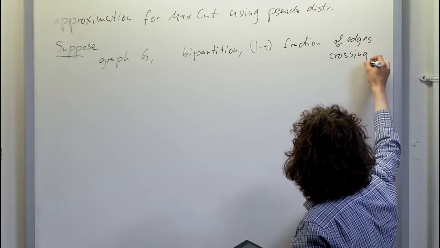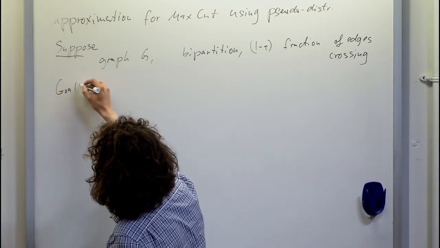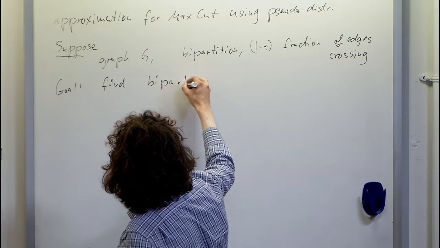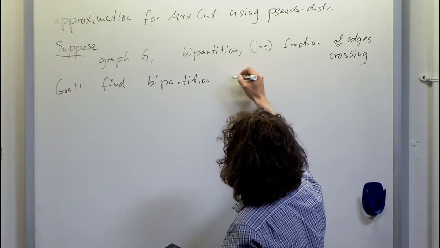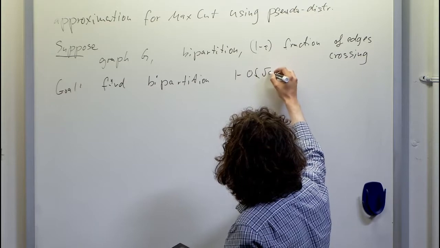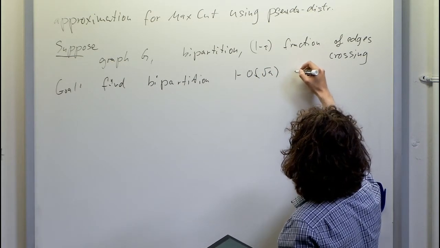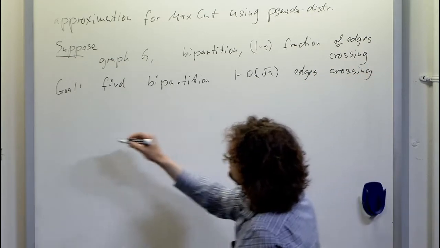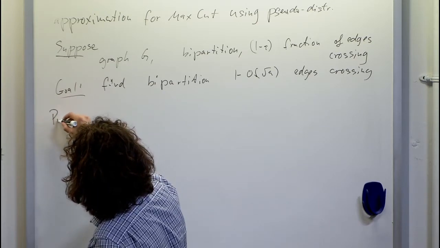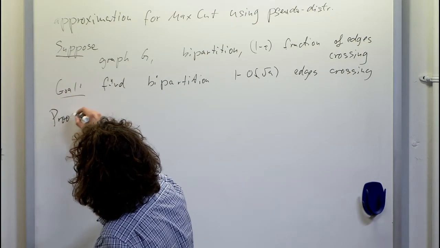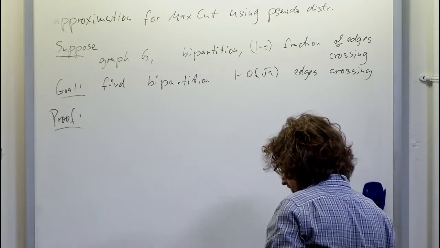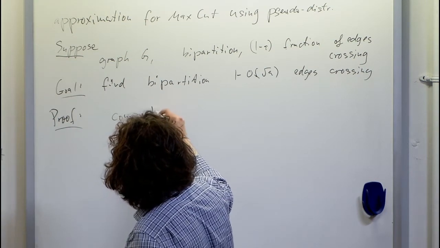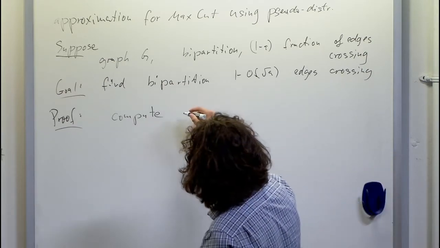And our goal is to find a bipartition with 1 minus order root epsilon of the edges crossing. Okay, so how does the algorithm work? And that's the proof. So the first step will be that we compute a pseudo distribution.